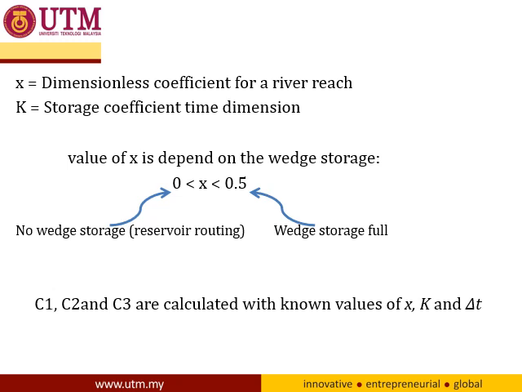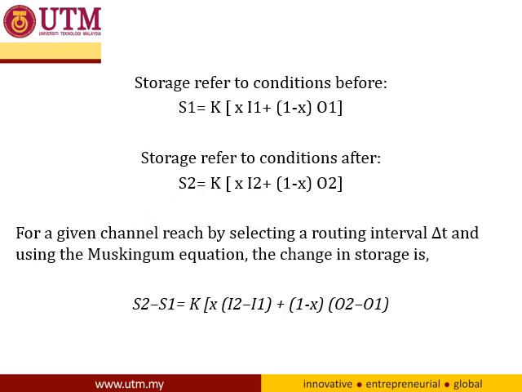There is some more information here: we can determine C1, C2, and C3 by knowing X, K, and the difference in time. So what are C1, C2, and C3? We proceed with some more information for your knowledge. If we say storage S1, it refers to the condition before, and S2 refers to the condition after. This is similar to the Muskingum formula.